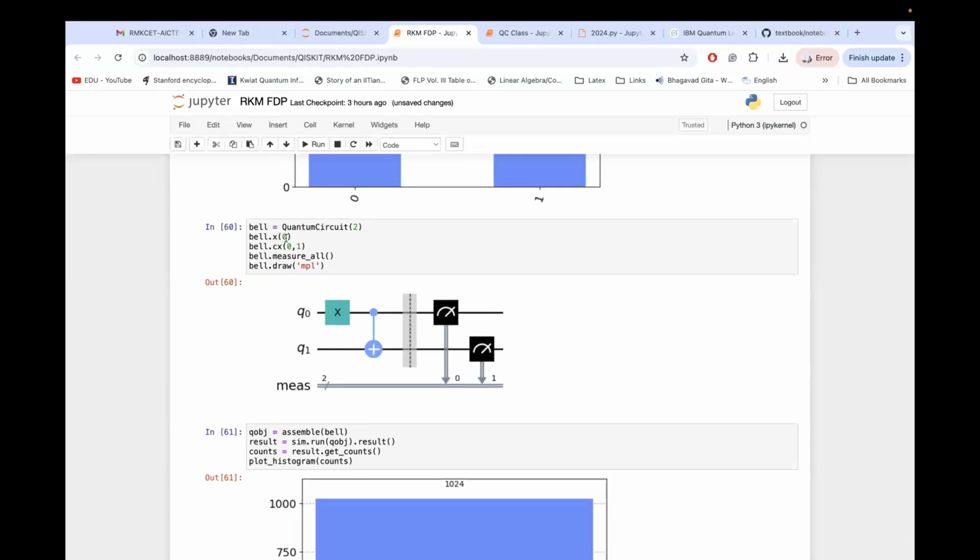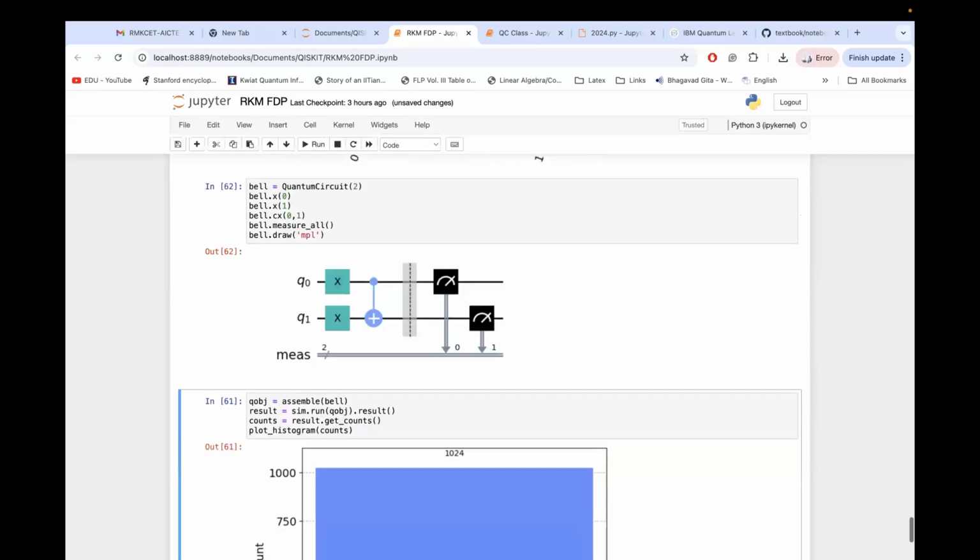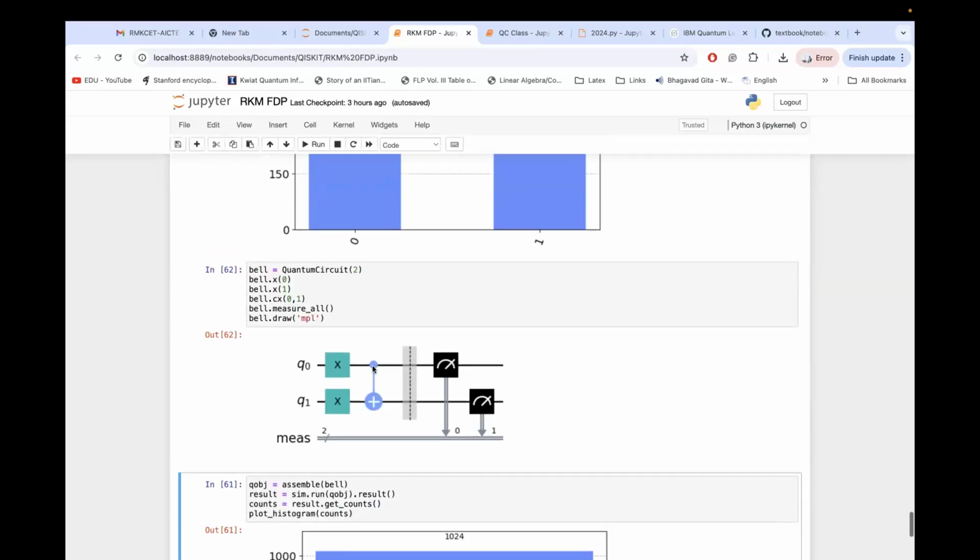For example, if you apply the X operator to both, bell.x of 1, that means you are applying the X operator to both the qubits. Initially you prepared the 0, 0 state. After this X gate, the state of the system will become 1, 1. Now we are sending this 1, 1 to this control NOT operator.